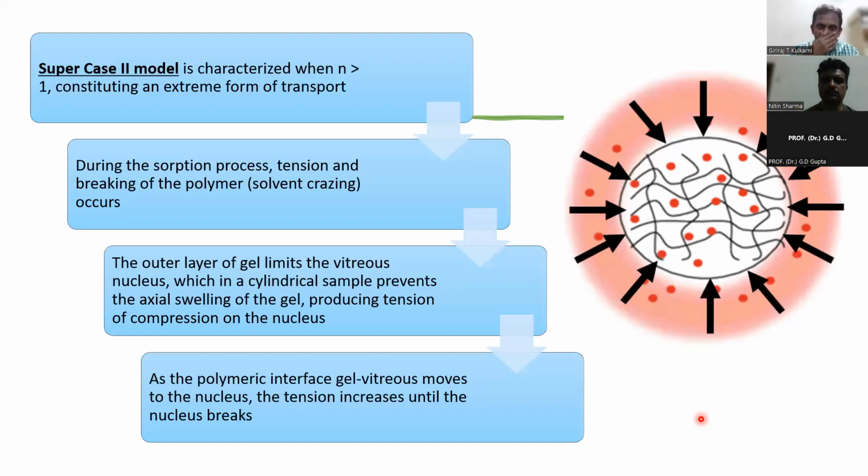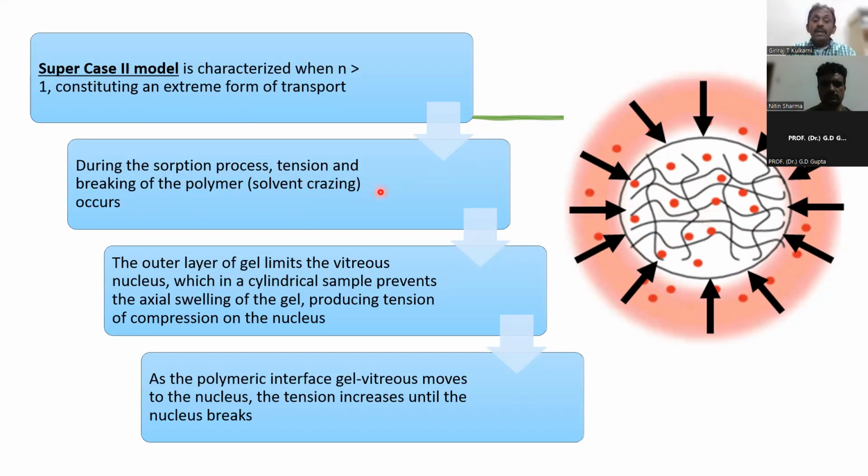In the super case 2 model, n is more than 1, above 1. This is an extreme form of transport. During absorption, there is tension and breaking of polymer. When the outer vitreous layer exerts too much pressure on the inner core, the polymer chains cannot tolerate that shear force, and instead of relaxing, they will break.